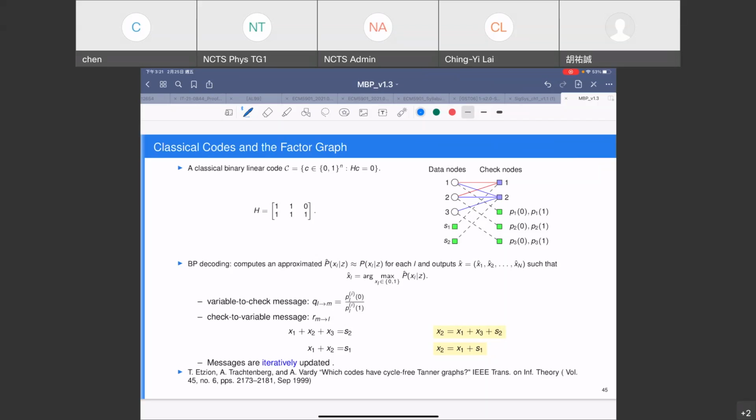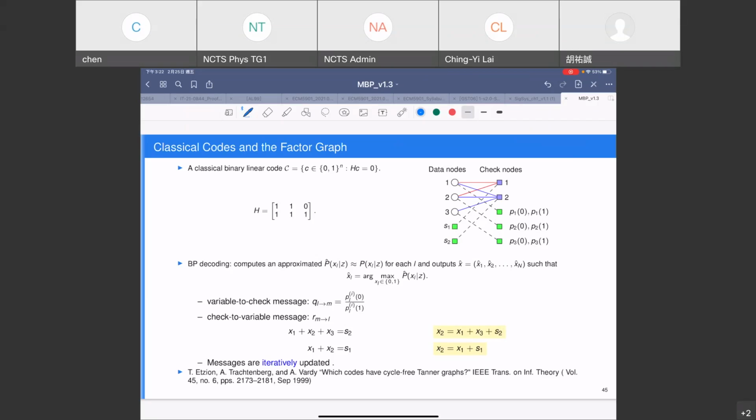And according to the message from this node and this measurement bit, check node 1 will tell variable 2 that you should be more likely 0 or 1, because they have to satisfy this relation. When x1 is more likely to be 1, then x2 should be more likely to be the same as x1. Okay, so messages are recursively updated in this graph.